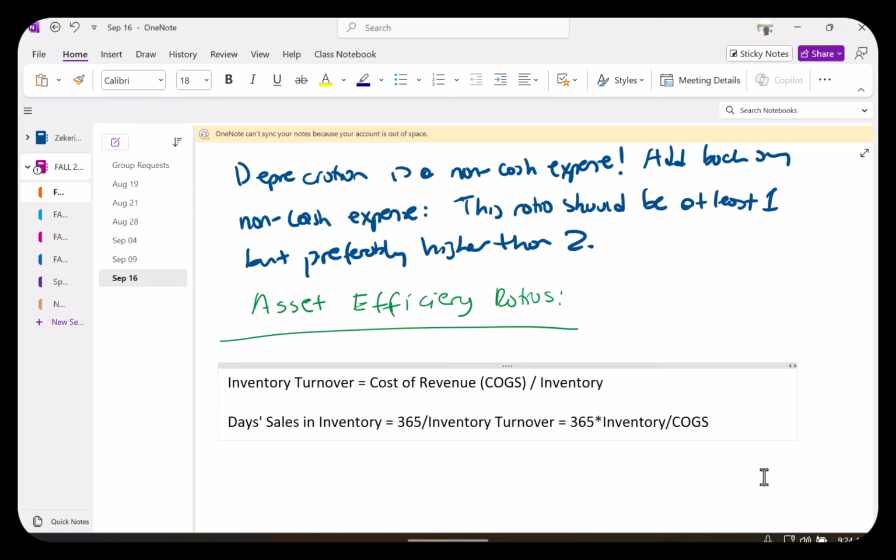The first one tells you how many times you're basically turning over your inventory during the year. The second one tells you the average number of days your inventory stays on your shelves or in your warehouses. Let's look at Walmart.